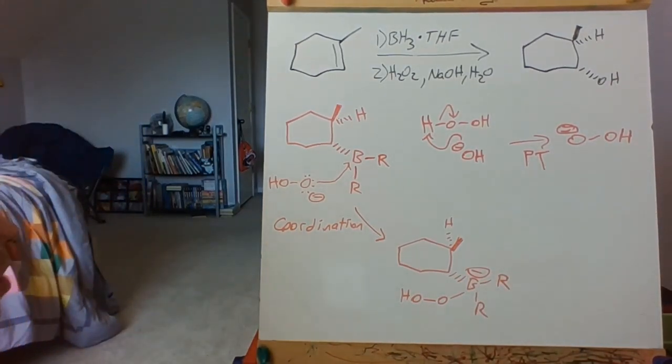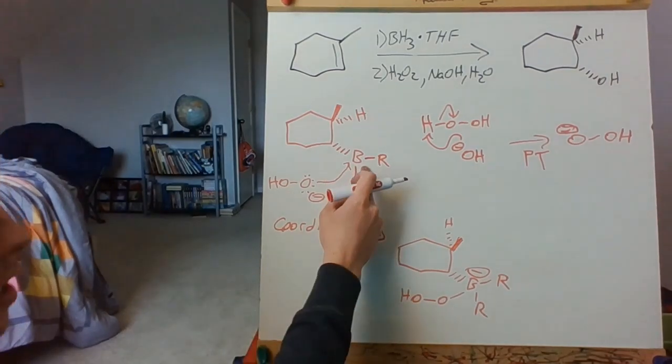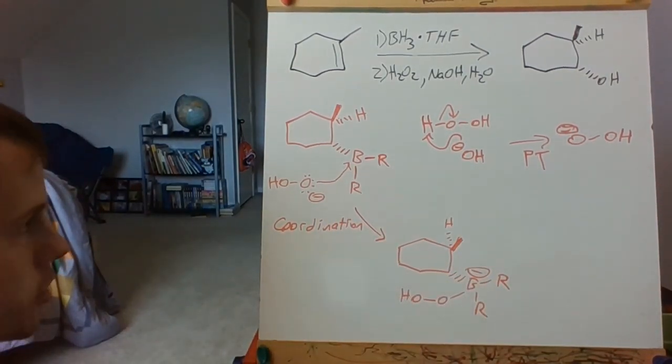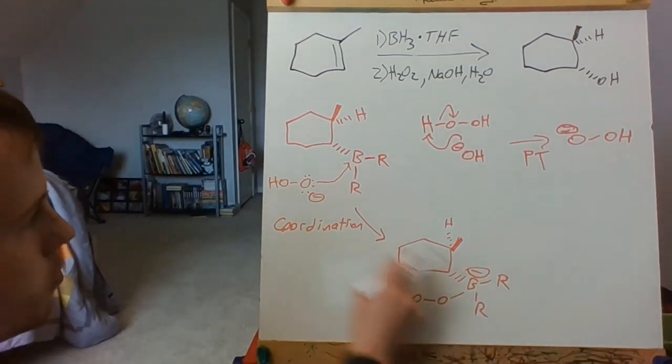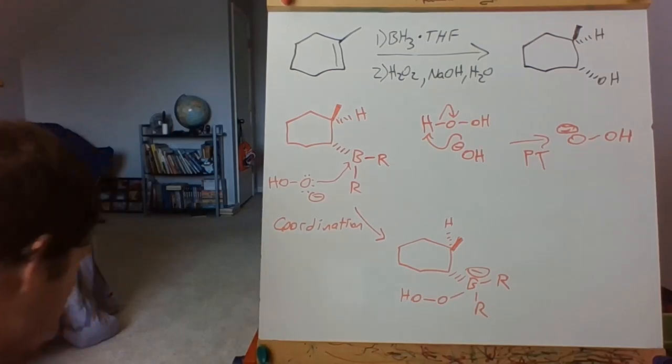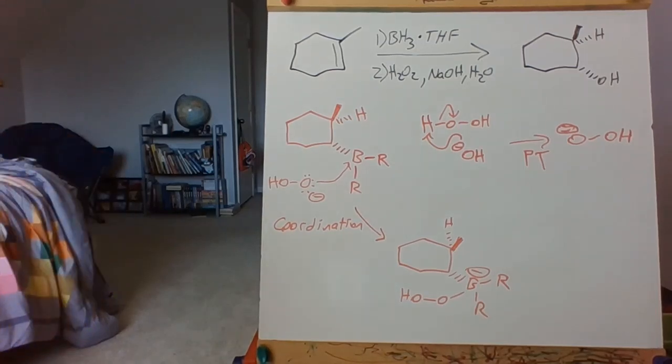And so boron, even though it's lacking an octet here, it's neutral if you do the formal charge calculation. And then here we've given it a pair of electrons, and so there is a negative charge on the boron.